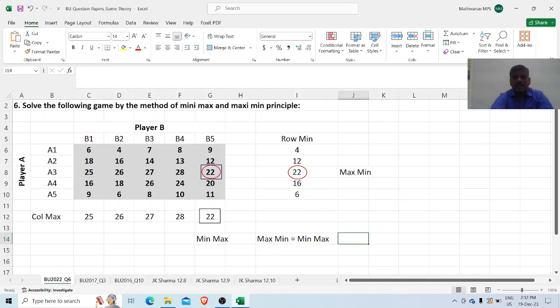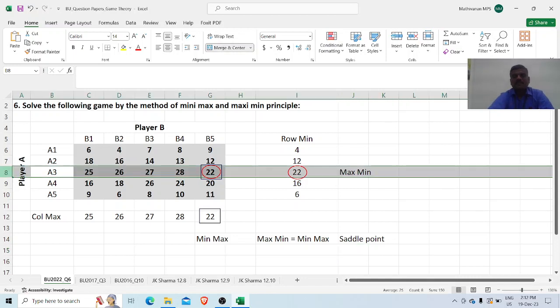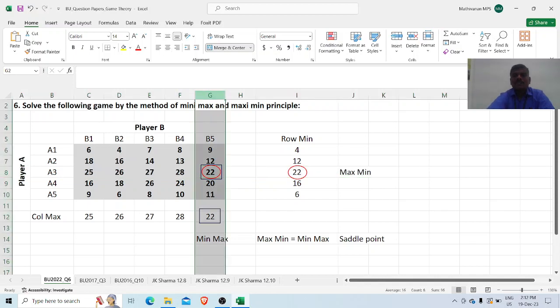When we come across such a situation, the point is called a saddle point. What does this mean? It means that to maximize the minimum possible gain, player A is using only one strategy, that is A3. What about player B? To minimize the maximum possible losses, player B is using the fifth strategy.